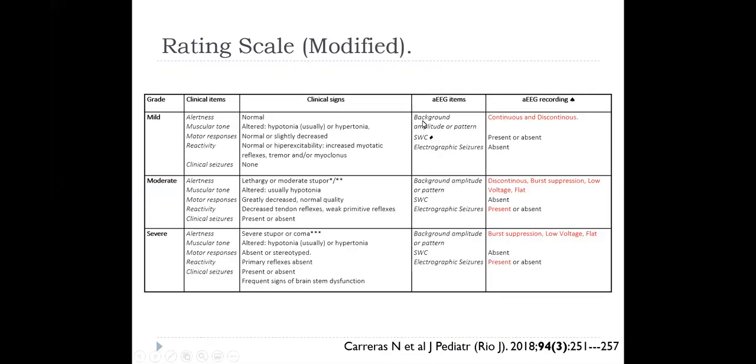The mildly abnormal recording is a continuous and discontinuous pattern. Moderately abnormal is discontinuous, burst suppression, low voltage and flat, and seizures can be present in clinical and electrical recording. And severe is the pattern of burst suppression, low voltage and flat, and seizures maybe can be present.